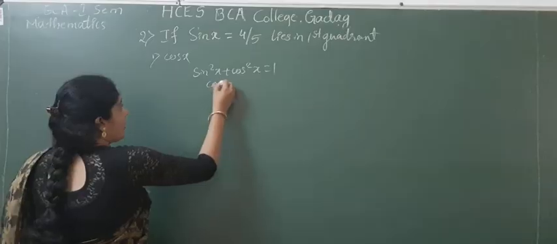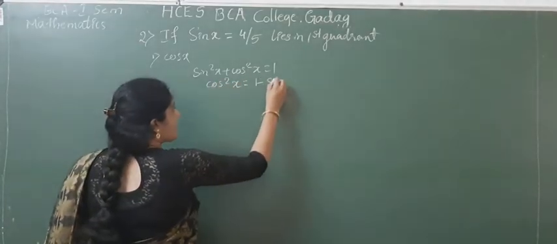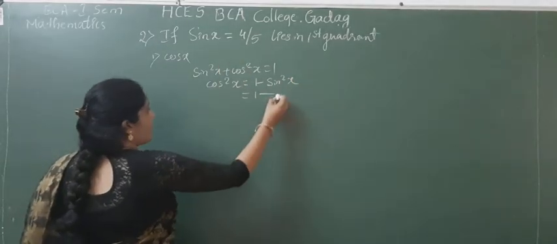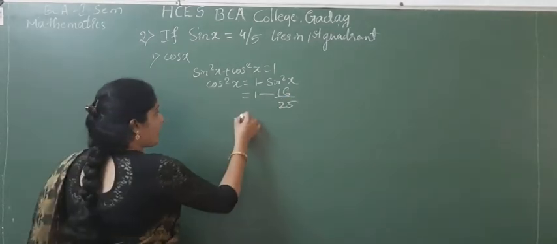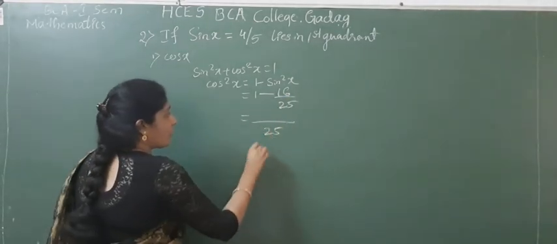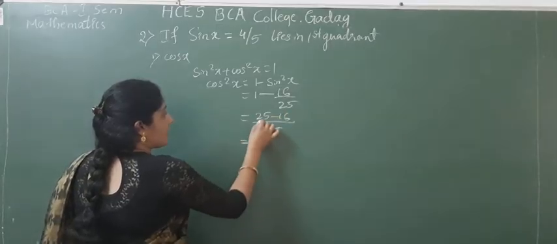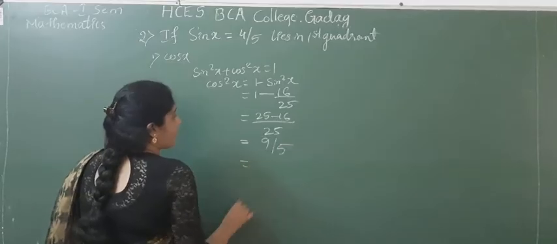Therefore, cos square x is equal to 1 minus sin square x. So 1 minus 16 divided by 25. LCM is 25. So 25 minus 16, that is 9 divided by 25.